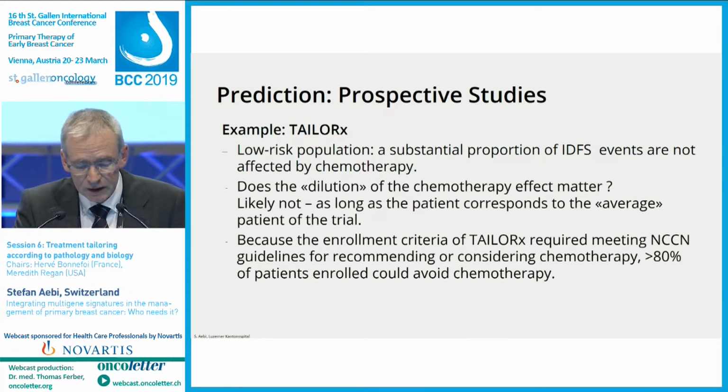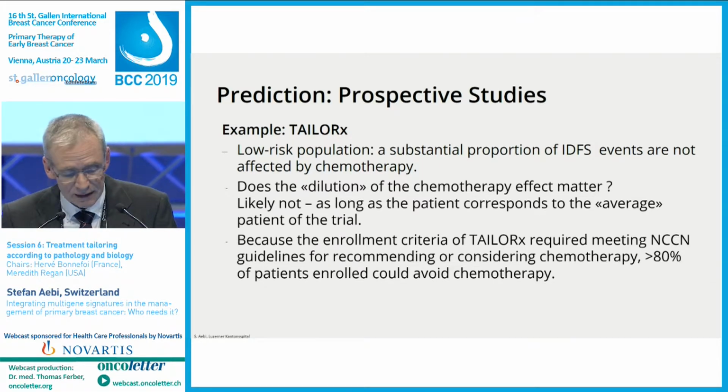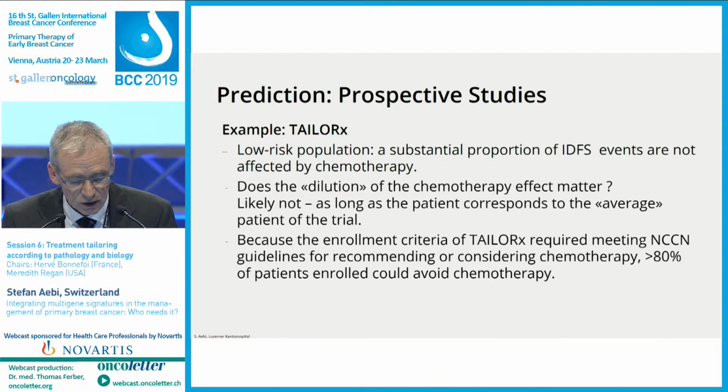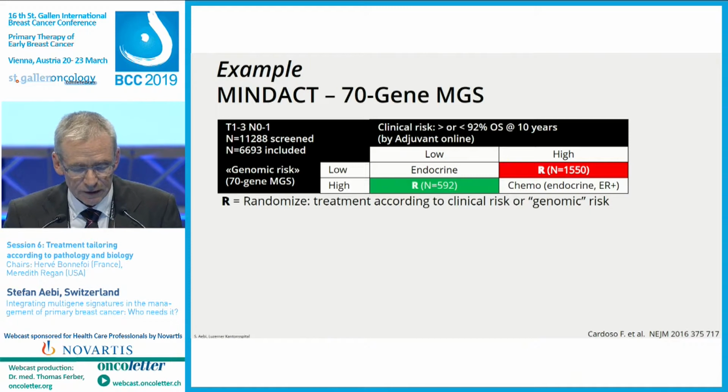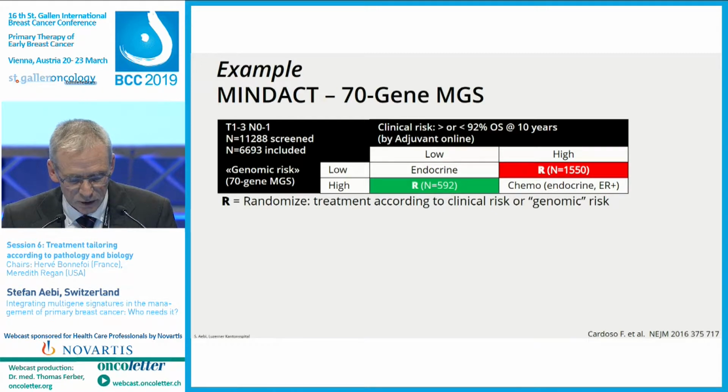Because enrollment criteria of TAILORX required meeting NCCN guidelines for recommending or considering chemotherapy, more than 80% enrolled could have avoided chemotherapy. MINDACT was very different. This study tested actually the test, and it was not a non-inferiority study for a particular patient population.